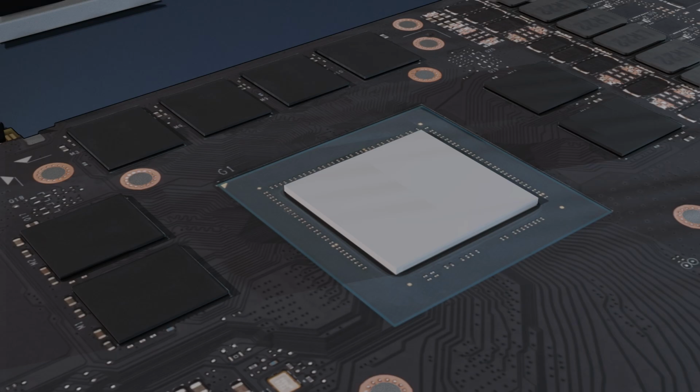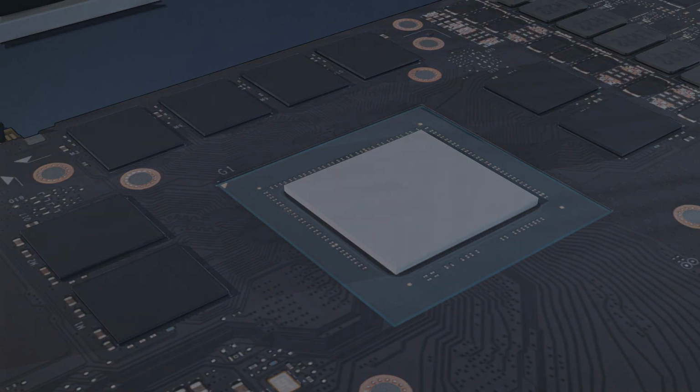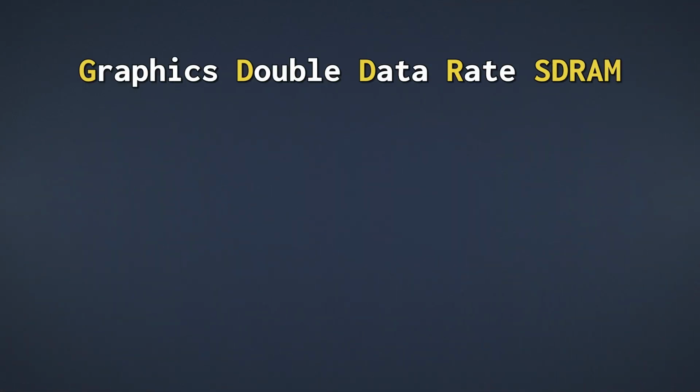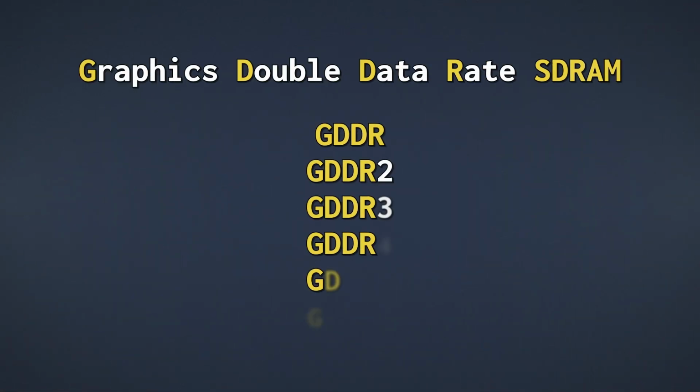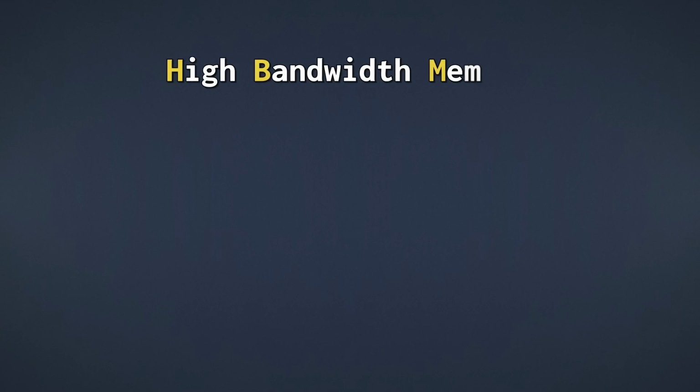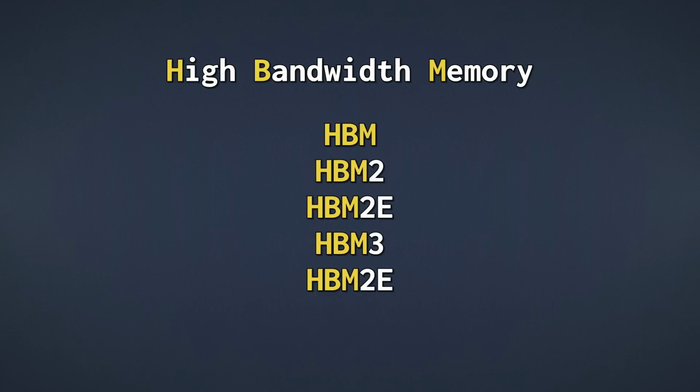Over the years and in different kinds of devices, the actual design of VRAM can vary. The most common kind of VRAM used in most modern graphics cards is called GDDR. While different technologically, just like DDR-SDRAM, it achieves higher performance with each iteration. There are other technologies too, for example HBM or High Bandwidth Memory.